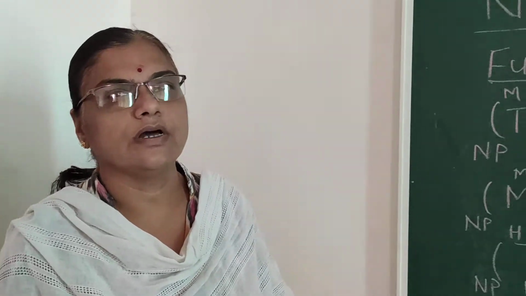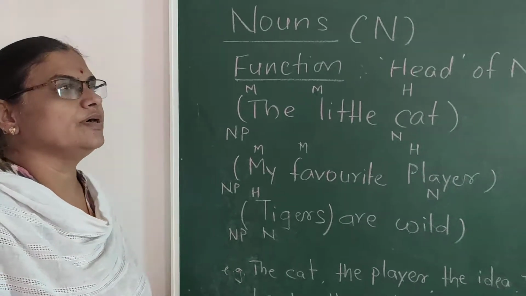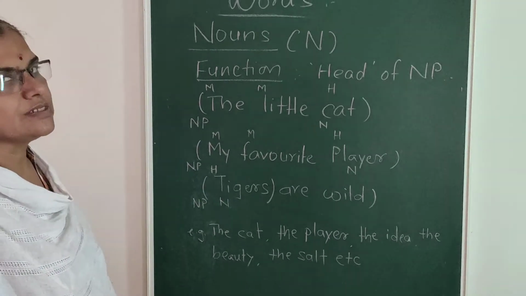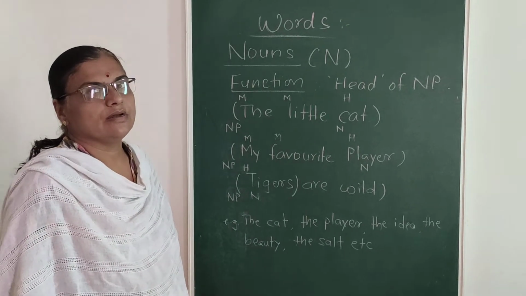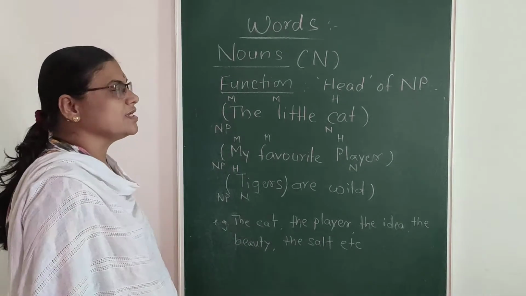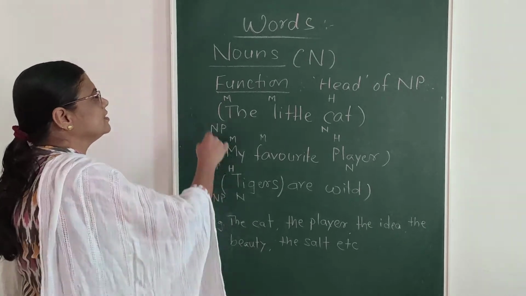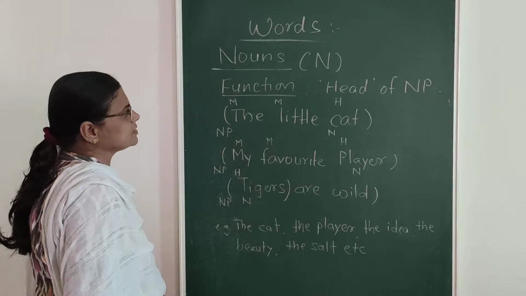Okay? How to identify the word class has been explained till now. Now we shall turn to the open classes of words, and the first open class, which is very important, is the nouns.